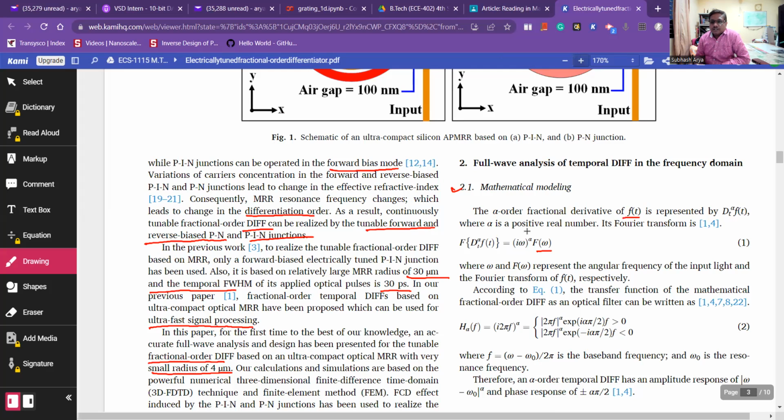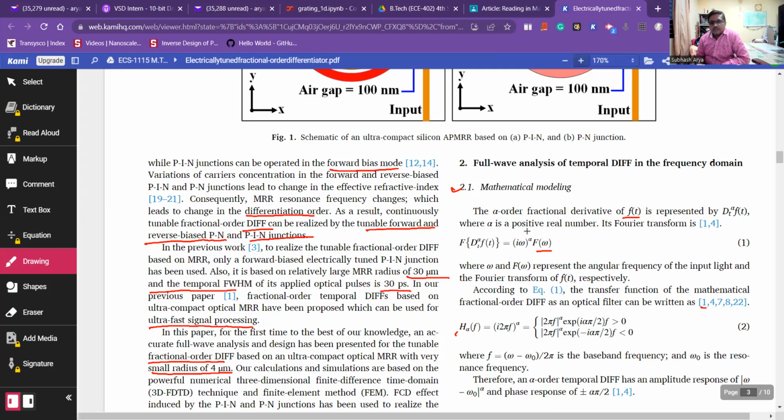According to equation 1, the transfer function of the mathematical fractional order differentiator as an optical filter can be written as H(omega) with the fractional order alpha. For a first order differentiator, H equals i 2 pi f.